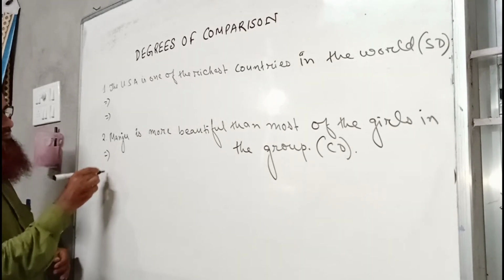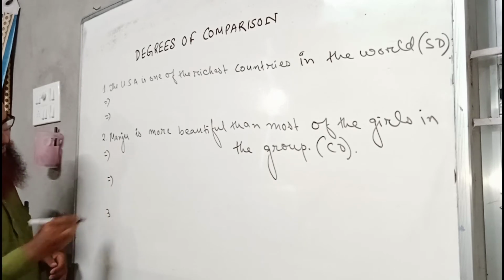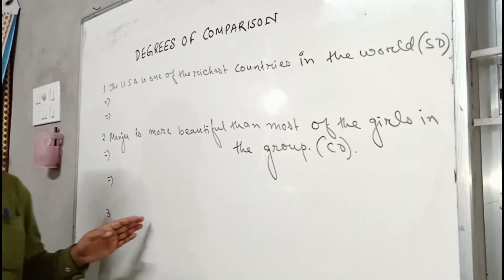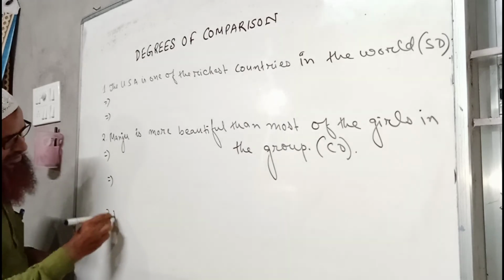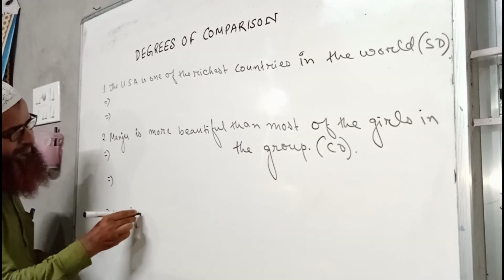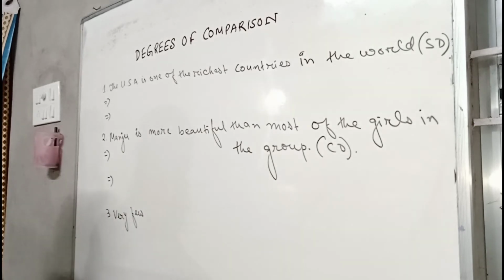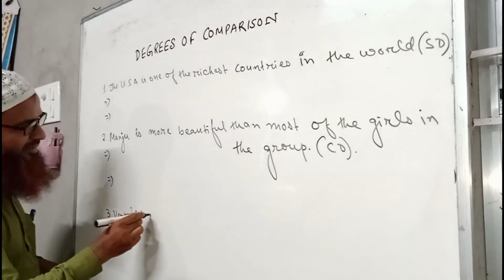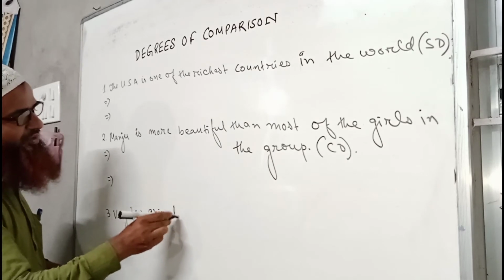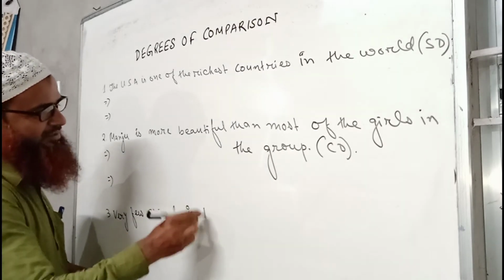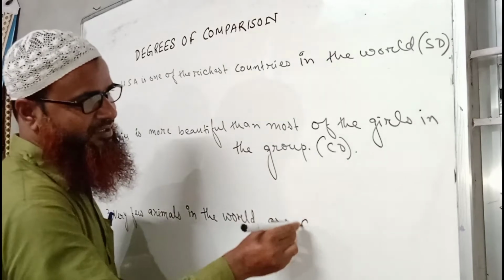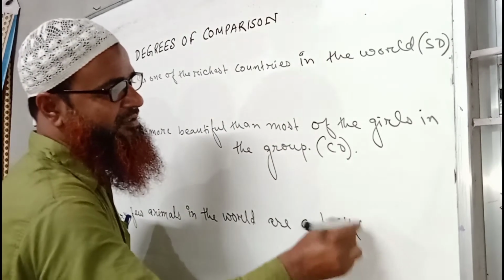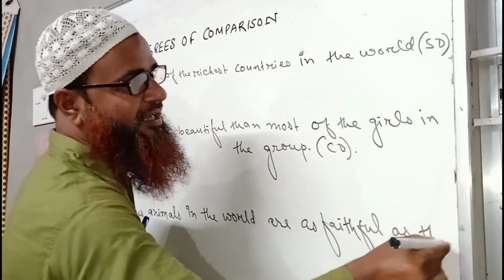Now I am writing the third one, which will definitely be of positive degree, and the positive degree must be started with very few. I am writing here very few animals in the world are as faithful as the dog.